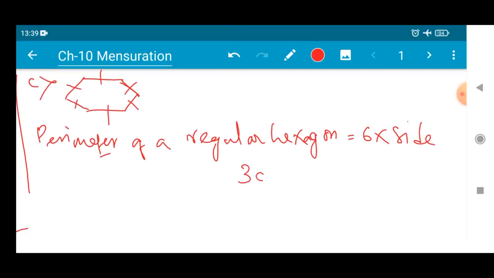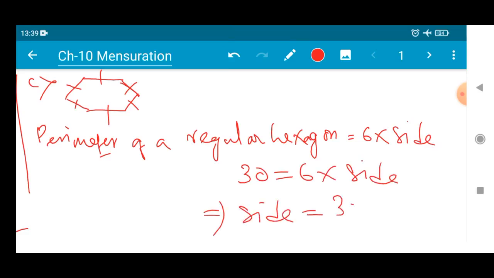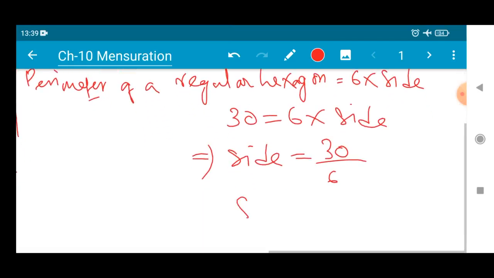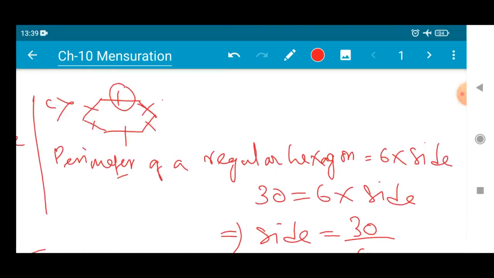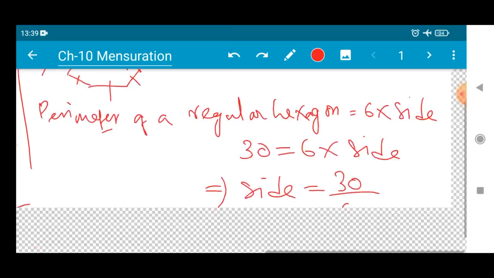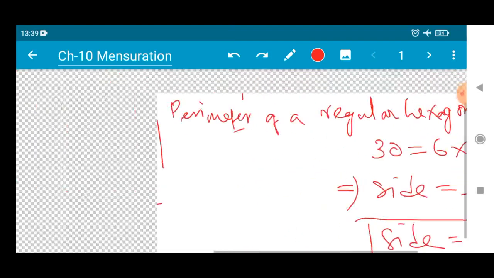So 30 centimeter is equal to 6 into side. Side will be equal to 30 divided by 6. 6 fives are 30, which is 5 centimeter. So each side of a regular hexagon is 5 centimeter. Alright, so I hope you guys understood.